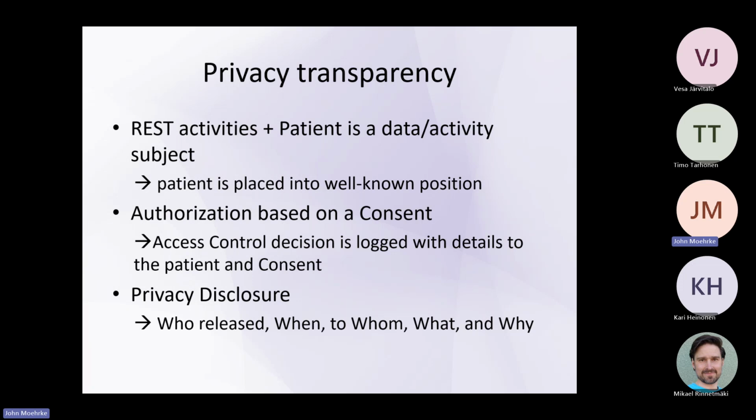And then when you know that you're disclosing information outside of your security and privacy scope, this is a privacy disclosure. Therefore, who did it, when did they do it, why did they do it, and to whom. So a privacy disclosure is a specific pattern as well within BULP.